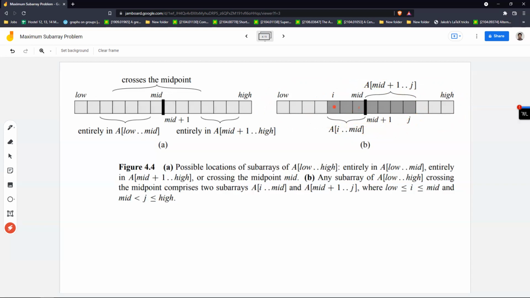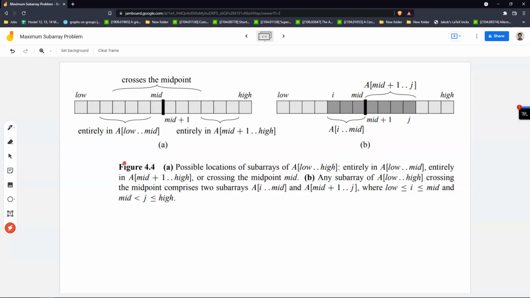Its lower limit will be to the left of middle, its upper limit will be to the right of middle, and we just have to find this lower limit and this upper limit. That's the third possible case.